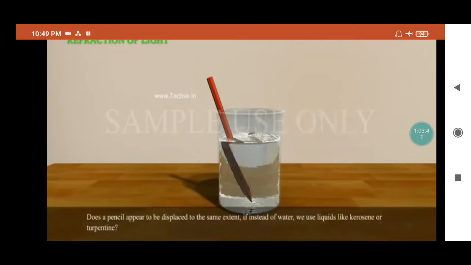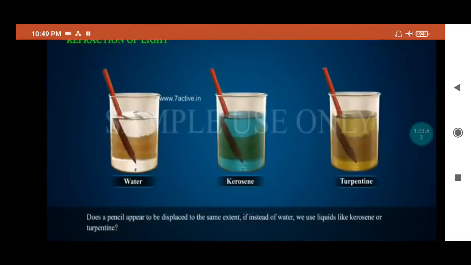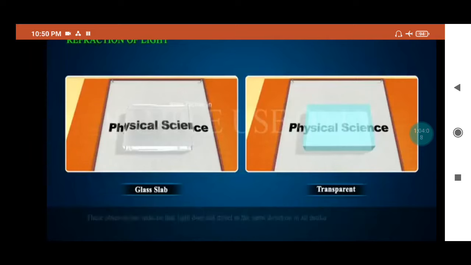Does the pencil appear to be displaced to the same extent if instead of water we use liquids like kerosene or turpentine? Will the letters appear to raise to the same height if we replace a glass slab with a transparent plastic slab? You will find that the extent of the effect is different for different pairs of media.